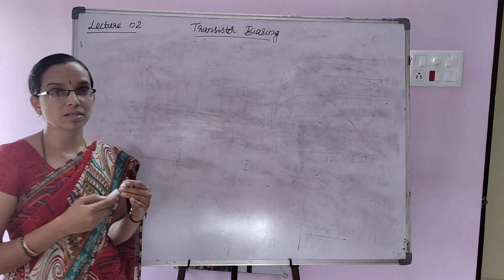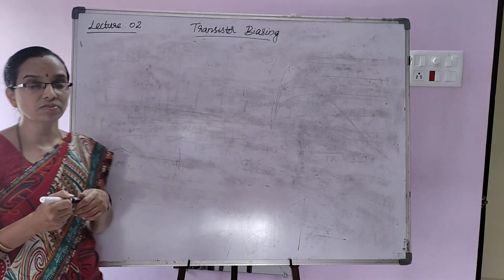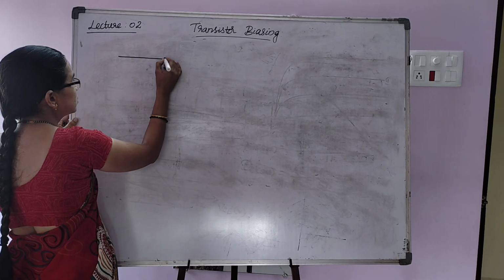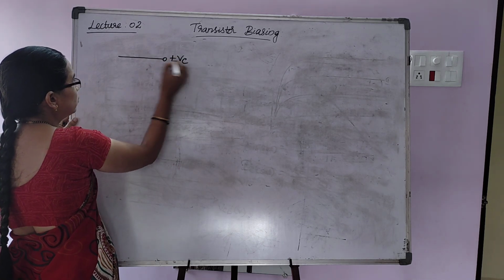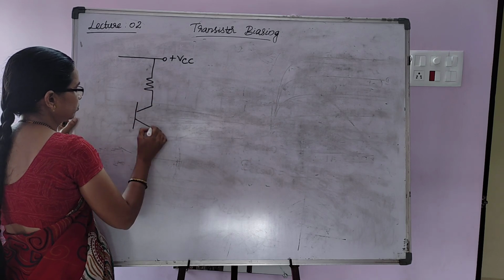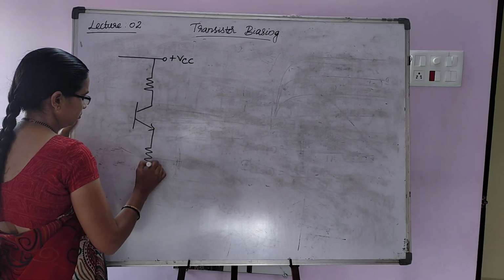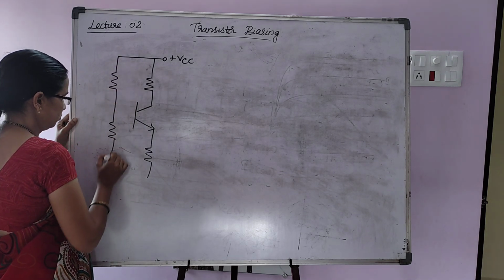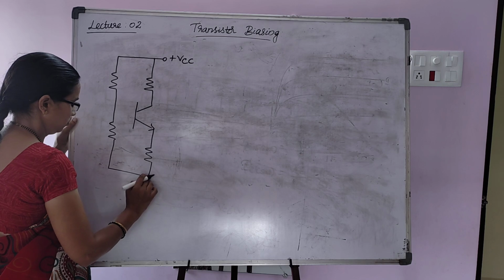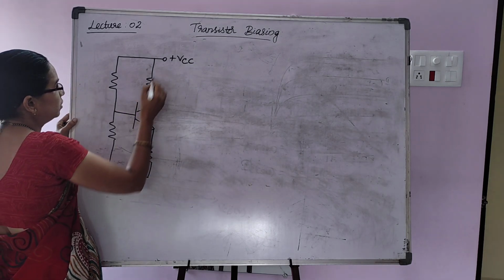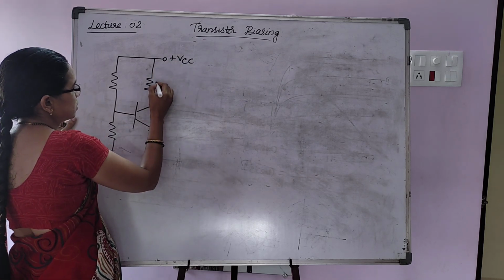In the second PUC syllabus, we will study only the voltage divider biasing circuit, which looks something like this. Using only one source, we will bias the transistor. Here VCC is the only source connected.